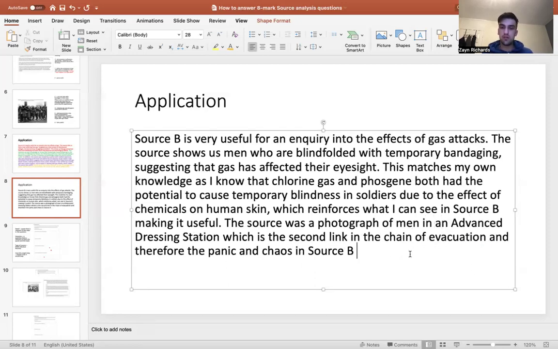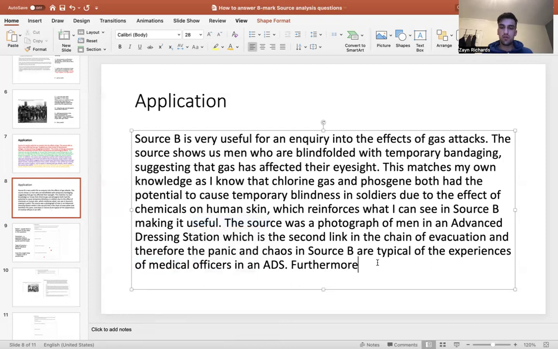Typical of the experience of medical officers. Furthermore, as this is a photograph, it enables us to see the physical.